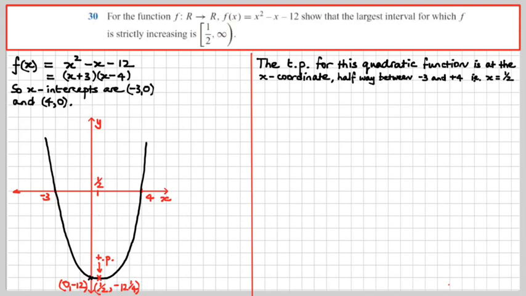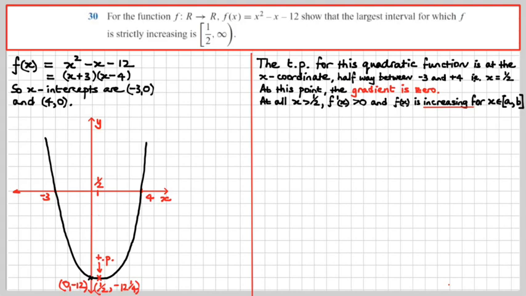So therefore, at this point the gradient is 0, and for all x greater than a half, f dashed of x, that's the derivative, the gradient function, must be greater than 0, and therefore f of x is increasing for all x going from a to b, including the point where x is a half. Yes, from a half upwards.